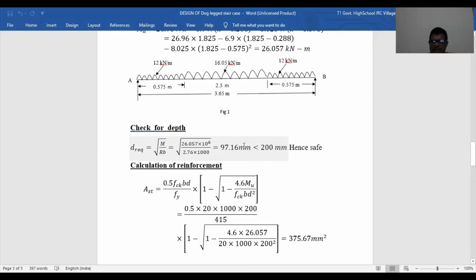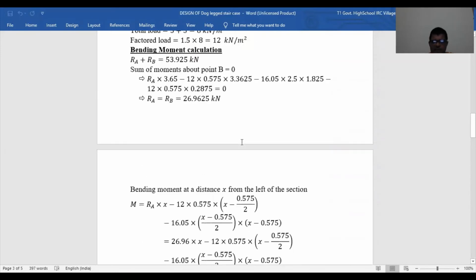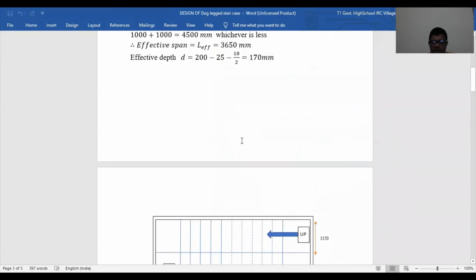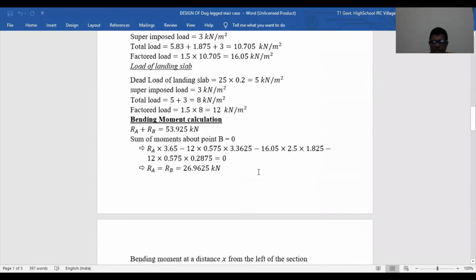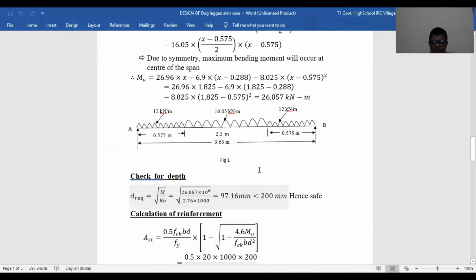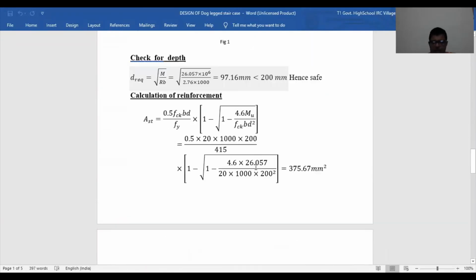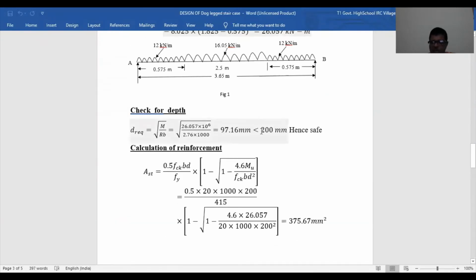So it is coming 97.16. Our effective depth was 170. Against 170 we are getting 97, so it is okay. It's not 200; this will be 170. Correct it. This value is basically 170, that is the effective depth. This value is less than that, so it is okay.